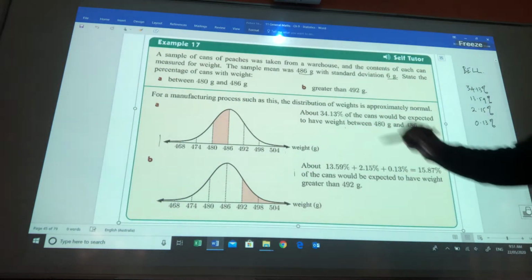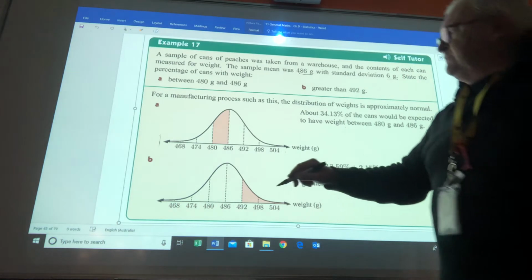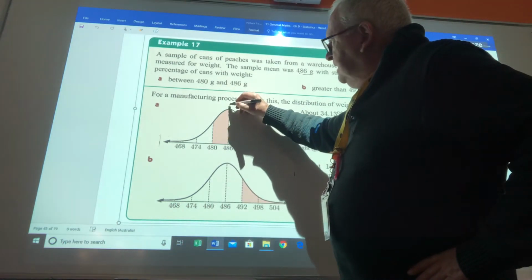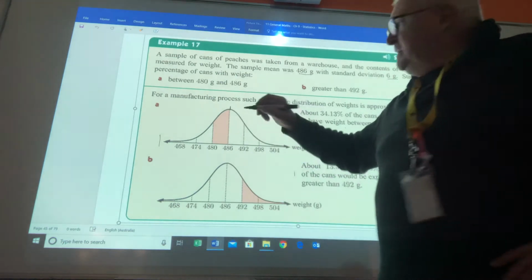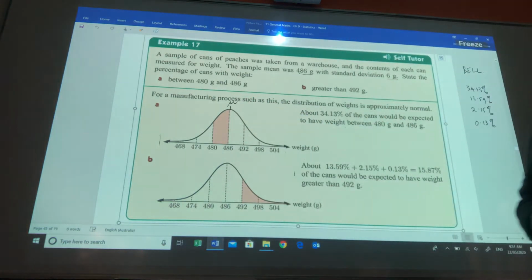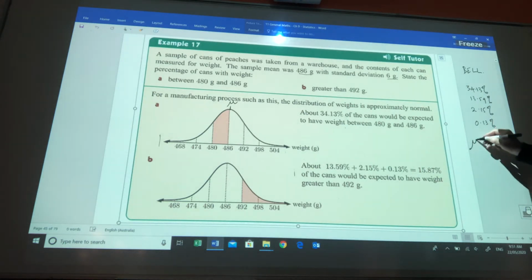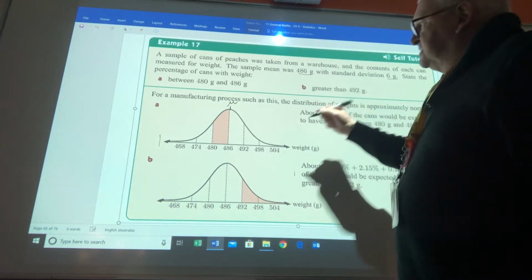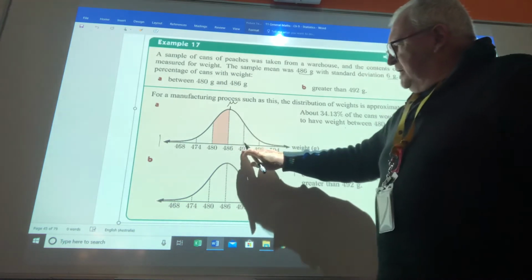It says, how many between 480 and 486? Now, this is obviously the mean, and the mean is mu for mean. Just remember that symbol, mu for mean. Okay, and the standard deviation is 6. That means if you add 6 to it, you get 492.